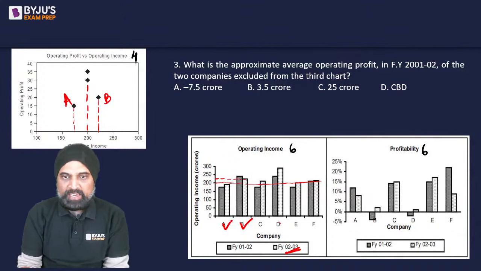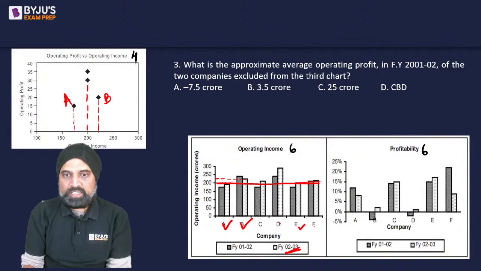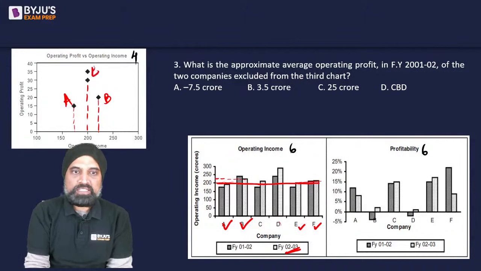It can't be A, so it's going to be E and F, right? B is already more than 200. C is also more than 200. The next 2 lowest are E and F. So one of them is E, another is F.